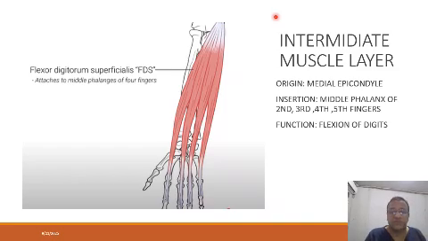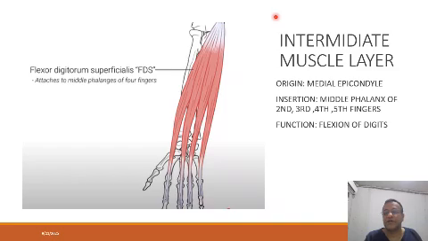So till now what we have learned: superficial layer, 4 muscles, then intermediate layer, 1 muscle, flexor digitorum superficialis, FDS. This muscle is entirely innervated by the median nerve. So in this flexor compartment, superficial 3 muscles get median nerve innervation, and FDS also gets median nerve innervation.